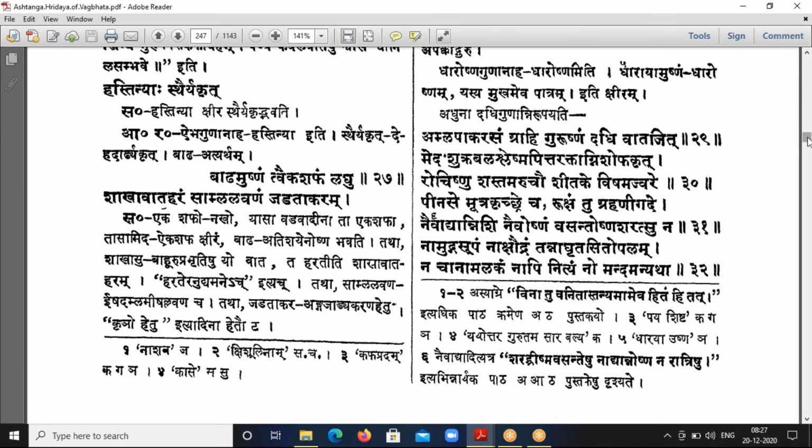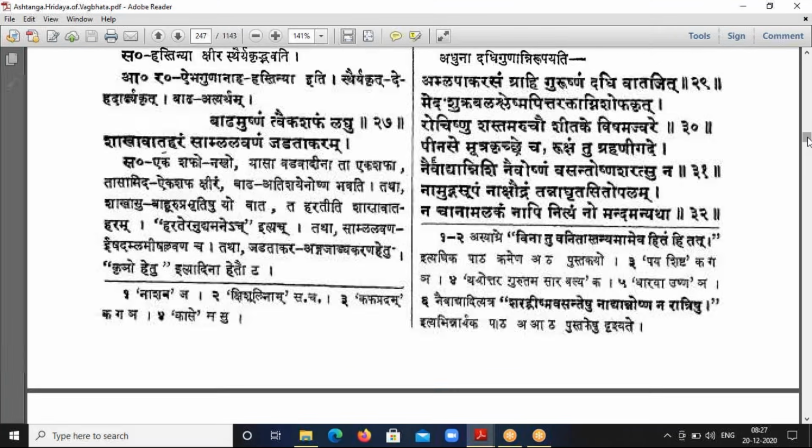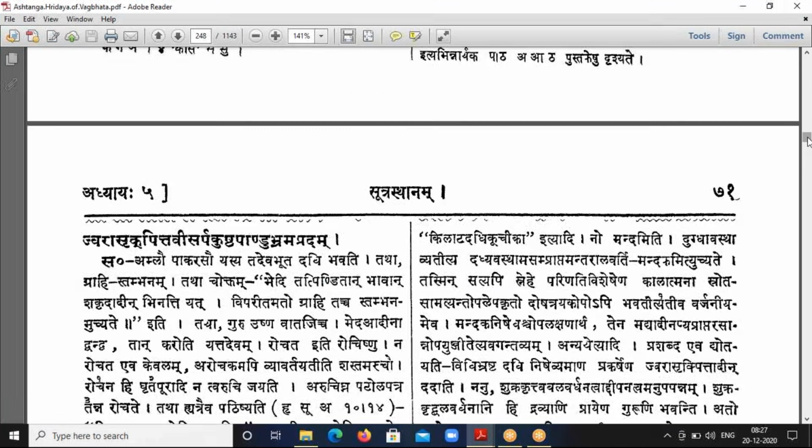So here that mandam, mandagam dadhi is restricted. It should not be used. Anyatha, if we do not take care of these points, then there is a risk of developing some vyadhis.